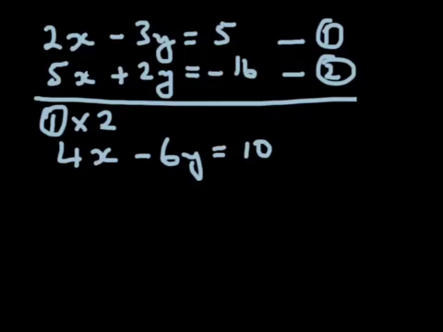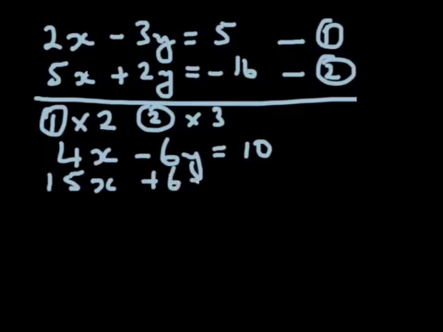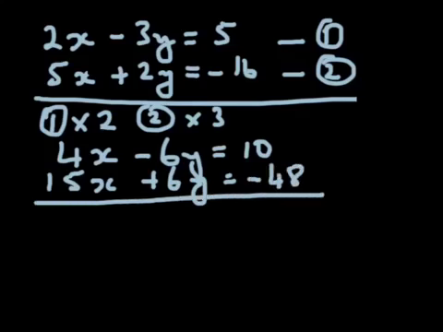And I'm going to multiply equation 2 through by 3. Okay, so what I'm going to get there is 15x plus 6y equals negative 48. Now, I'm going to relabel these equations 3 and 4.